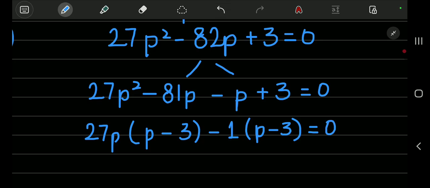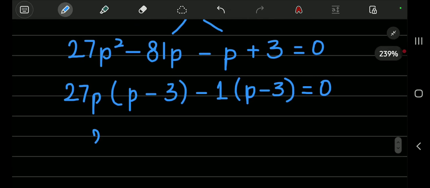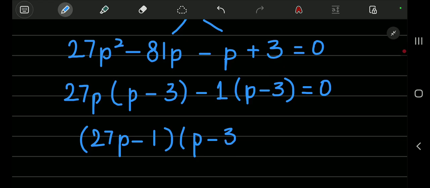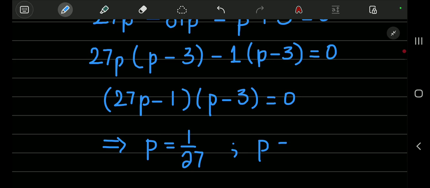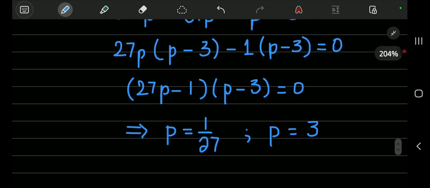So we will be having 27p minus 1 times p minus 3 equals 0. So this implies p is either equal to 1 over 27 or p is equal to 3. So these are the two solutions in terms of p.